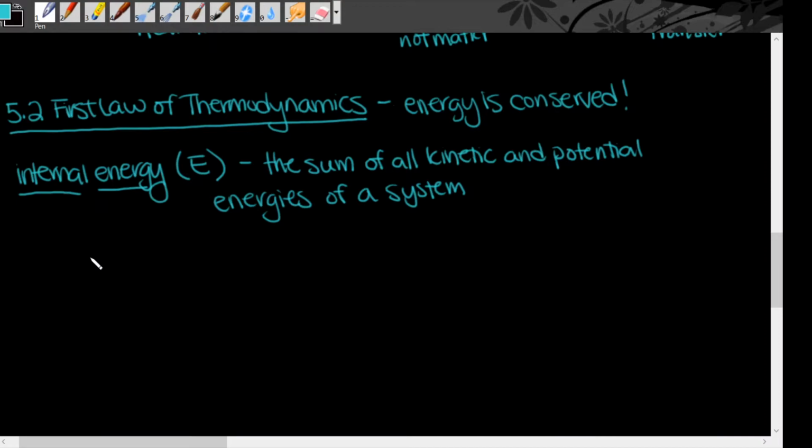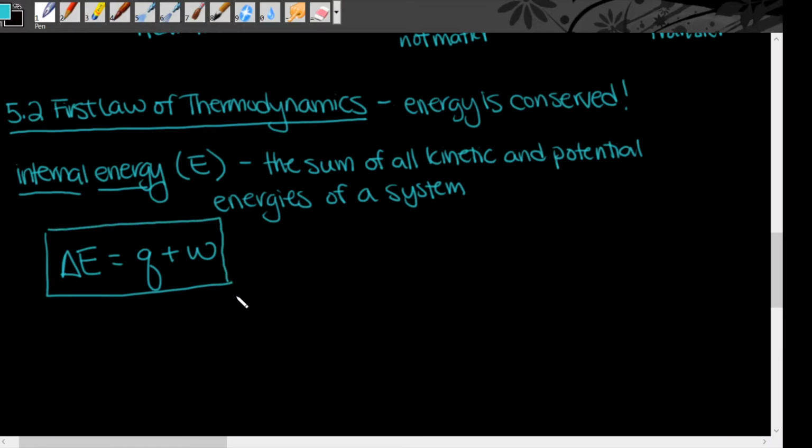We've got a couple of equations that we can use here for internal energy and change in energy of a system. The first equation is that the change in energy of a system is equal to heat plus work. Right?